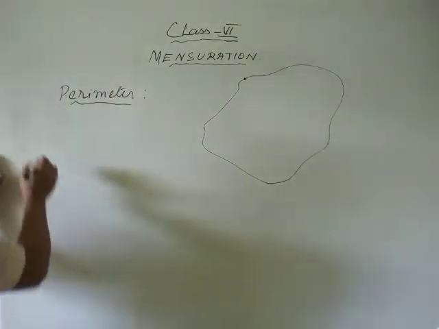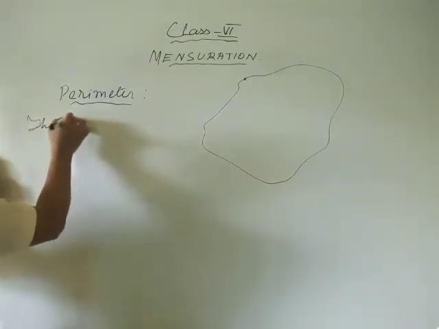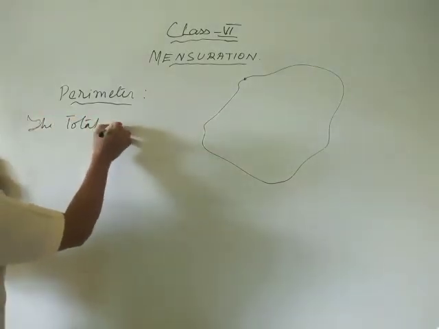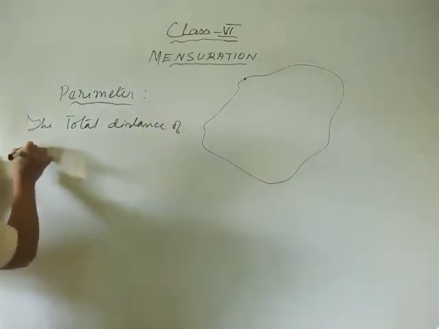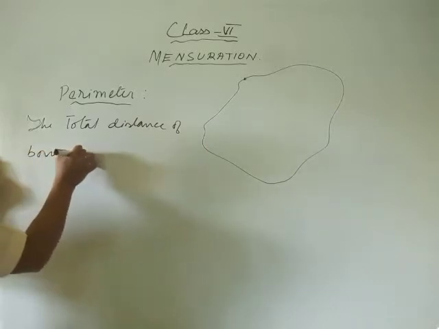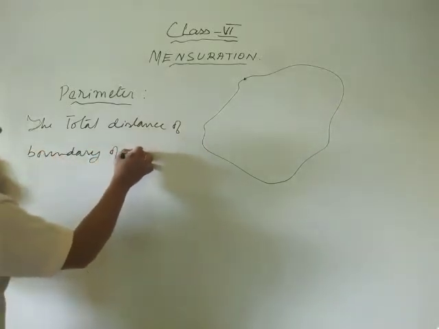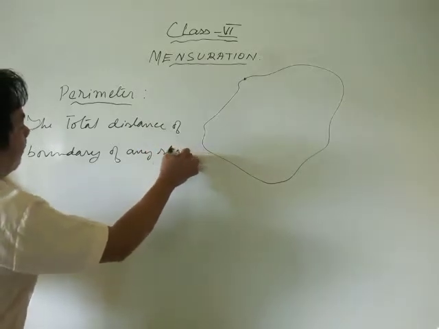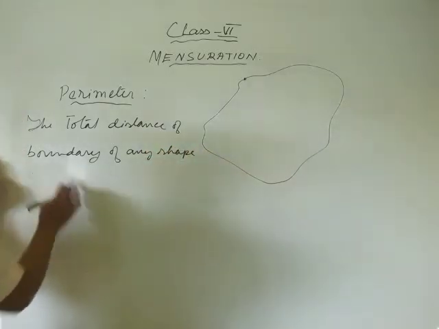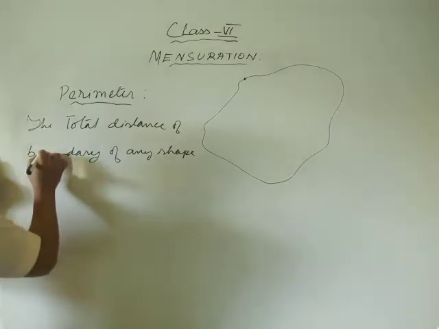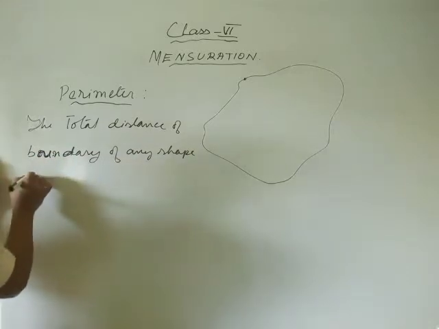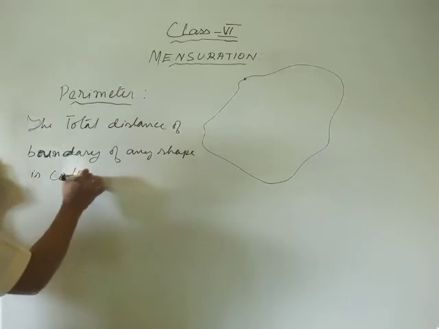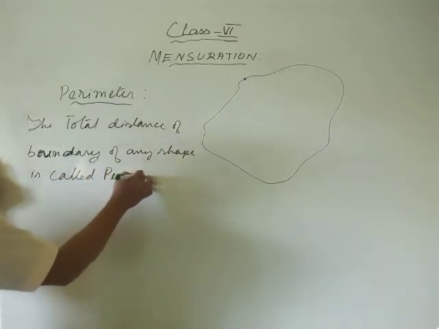What is the perimeter? The total distance of the boundary of any shape is called the perimeter.